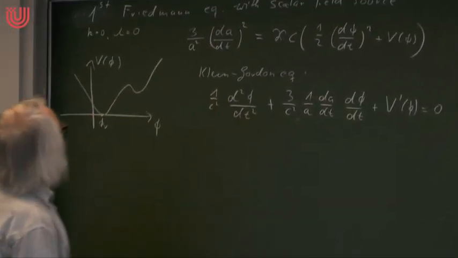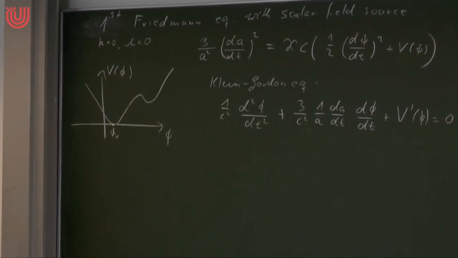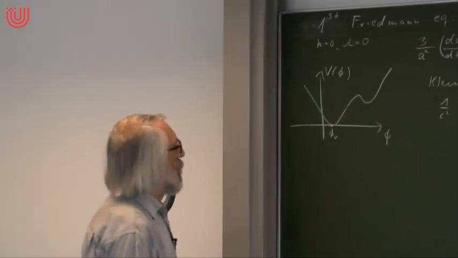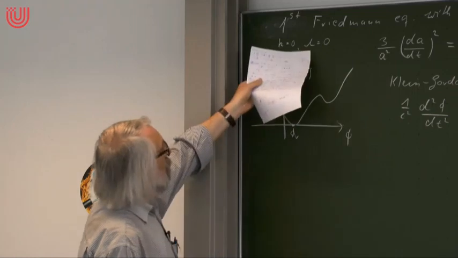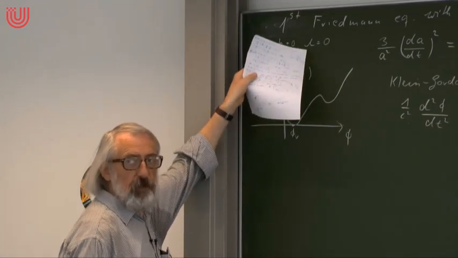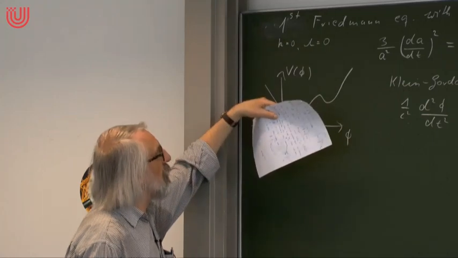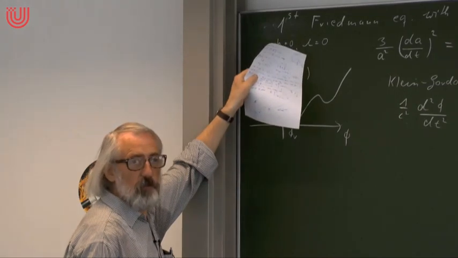Okay, and what I demonstrated last time, the last thing I did, which is crucial for everything I want to say about the scalar field case, is that it can mimic a cosmological constant within this theory. So we set the cosmological constant equal to 0. It's not in the game. But nonetheless, we can produce effects which are exactly the same mathematically as what a cosmological constant would do.